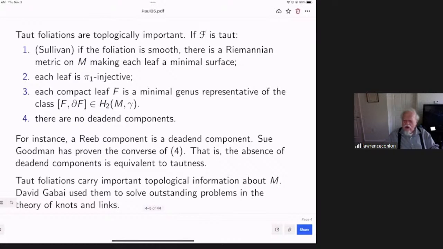It has to turn around and become tangential at some point. So that's what a dead end component is. And Sue Goodman has proven not only that tautness implies there are no dead end components, but conversely, if there are no dead end components, the foliation is taut. And the topological information carried about taut foliations is used by Gabai to solve some outstanding problems in the theory of knots and links. Next page, Rachel.